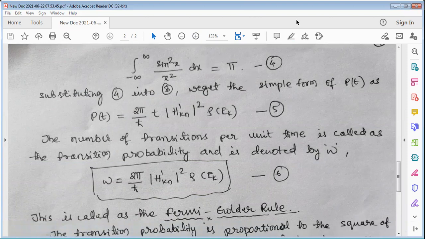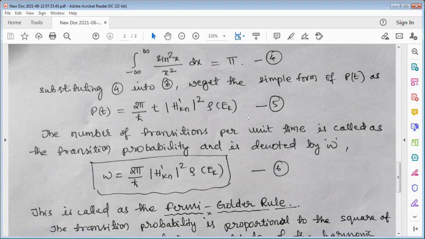And substituting this equation 4 into 3, we get the simple form of probability as: probability is equal to 2π by ħ t, because this π comes from this integral, into |H'kn|² into ρ(Ek).